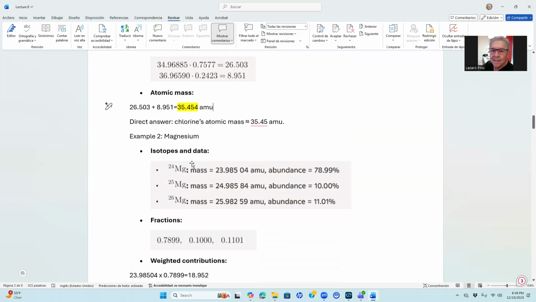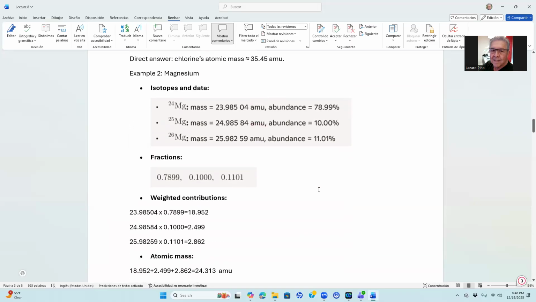Let's see this for another element, magnesium. Here you have the atomic mass and abundance for magnesium 24, for magnesium 25, and for magnesium 26. After that, you convert percent into fraction, dividing by 100, of course.